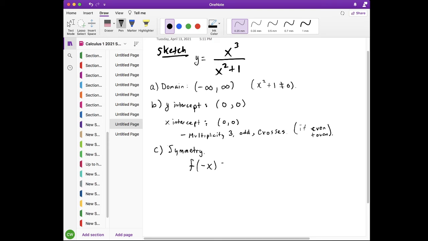You just plug in negative x and see what happens. You want to see if either y stays the same or y is negated. That's the other case that could happen. What is it here? Is this even or odd, or neither? It's odd.